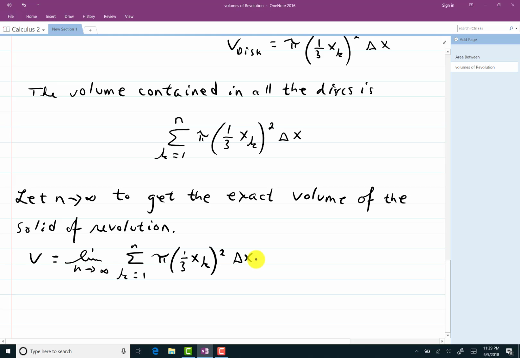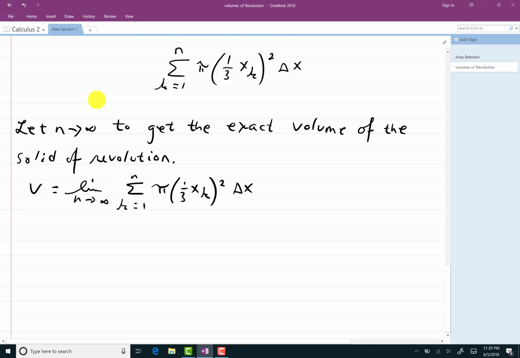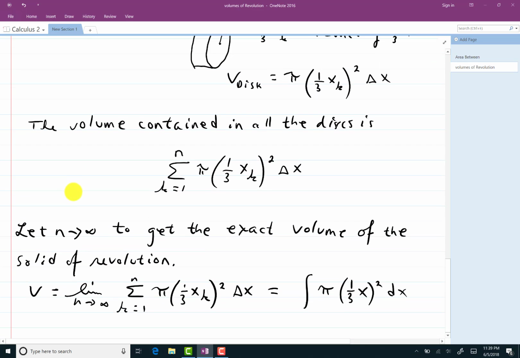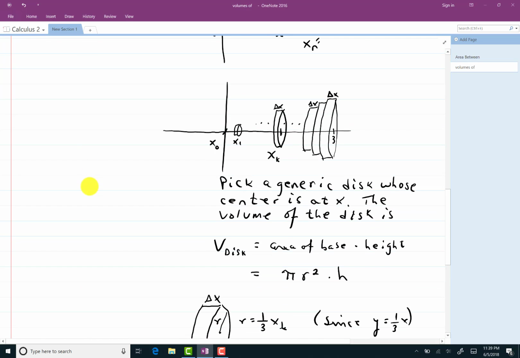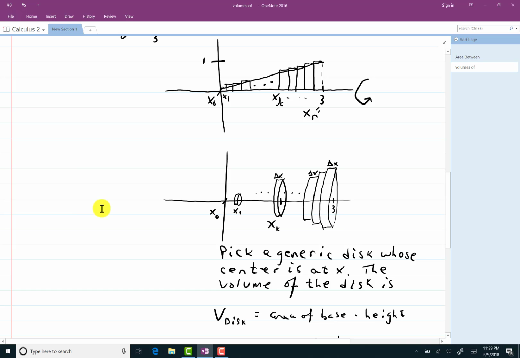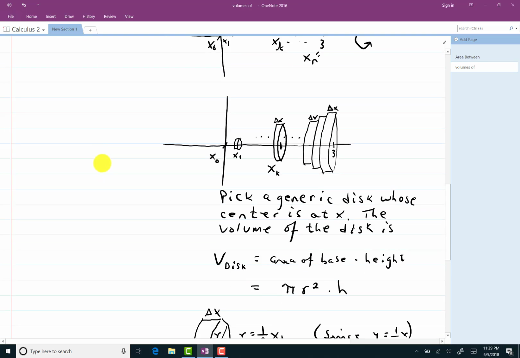And you should recognize this, especially if you're one of my students, as the definite integral of pi times 1/3 x squared dx. Where is the beginning and where is the end of this thing? Well, you can either go by the graph, and we started when x equals 0 and ended when x equals 3.